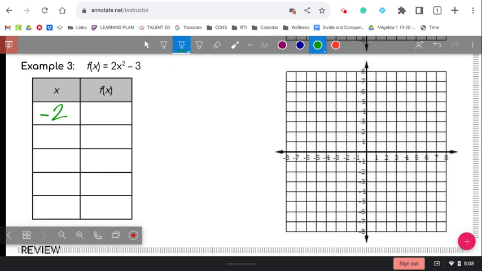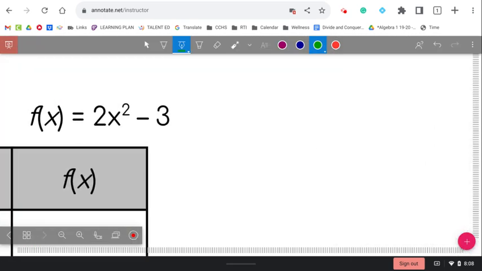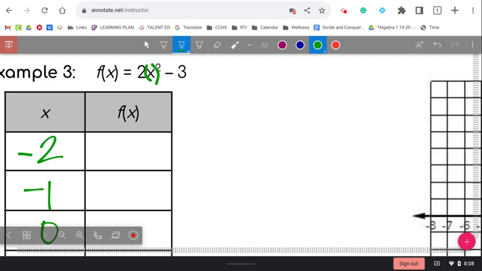So -2, -1, 0, 1, 2. Put our parentheses around our x, and then we're going to bring it down exactly like that. We're just not going to fill in our parentheses yet.